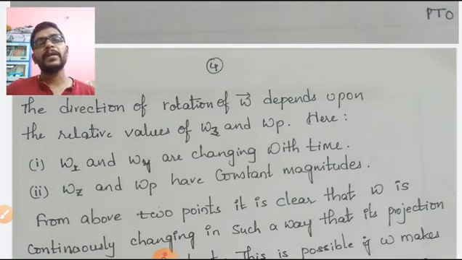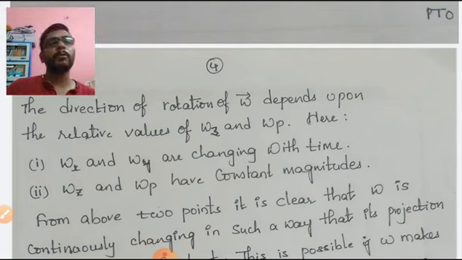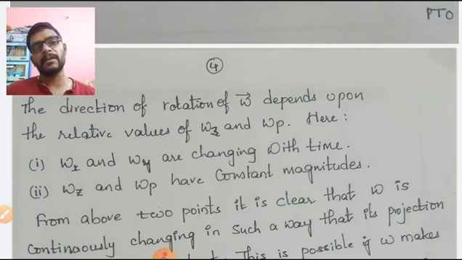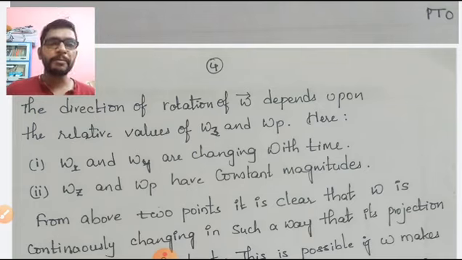And what about omega z? Omega z and omega p have constant magnitude. Omega p is the addition of the angular velocities omega x and omega y; this one is also constant, and omega z is also constant. So both omega z and omega p have constant magnitudes.